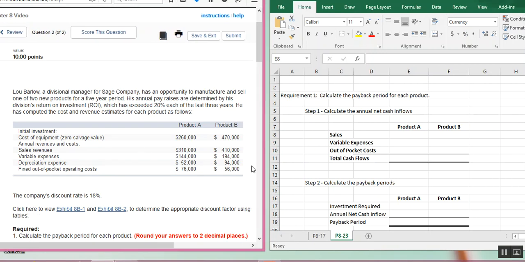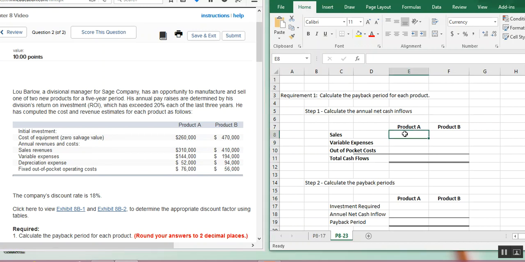All right, in our chart of given information, we've got sales revenue of $310,000 for product A and $410,000 for product B. Back over here to our chart, we've got variable expenses of $144,000 and $194,000, and those really should be negative, so let me show those as cash outflows.